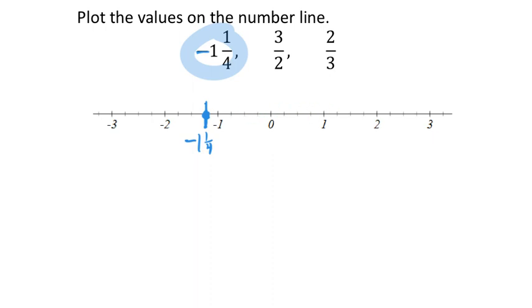So even though they're split up into 4ths, what I'm going to do with this 3 halves, which I will do in red, is I'm going to say, look, I'm going to have to cut each of these into halves. So instead of this being in 4ths, I'm going to look at this as that's 1 of the halves. This would be 1, which is also 2 of the halves. And then I would have to go to a 3rd half, which is the value that we want. So I'm going to put a dot right there.